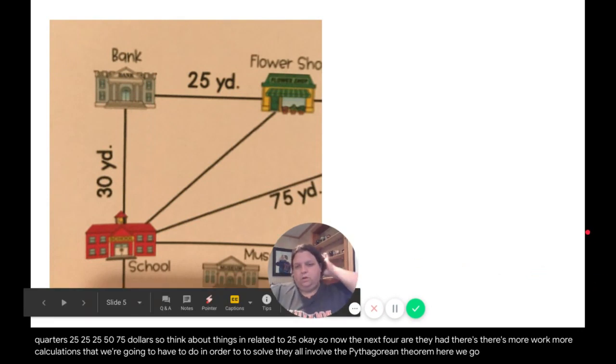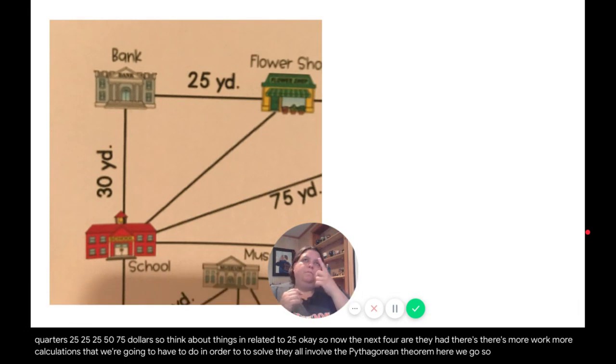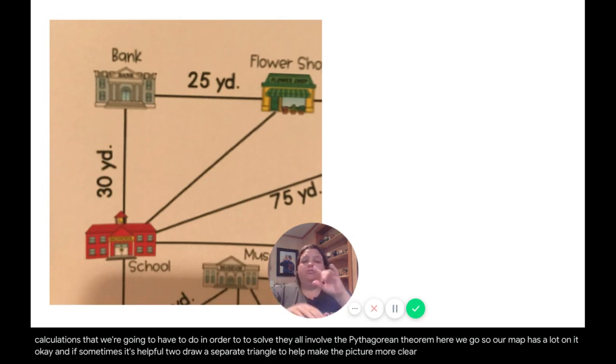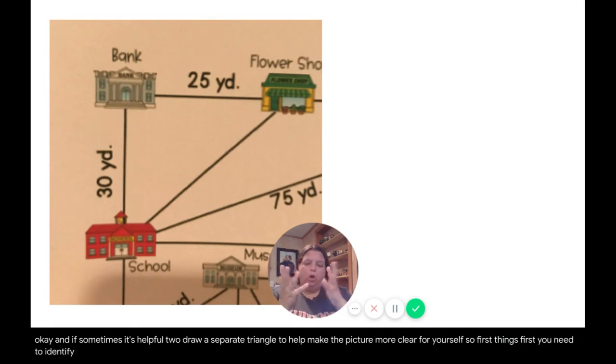Okay, so our map has a lot on it, okay? And sometimes it's helpful to draw a separate triangle to help make the picture more clear for yourself. So, first things first, you need to identify what we're looking for.